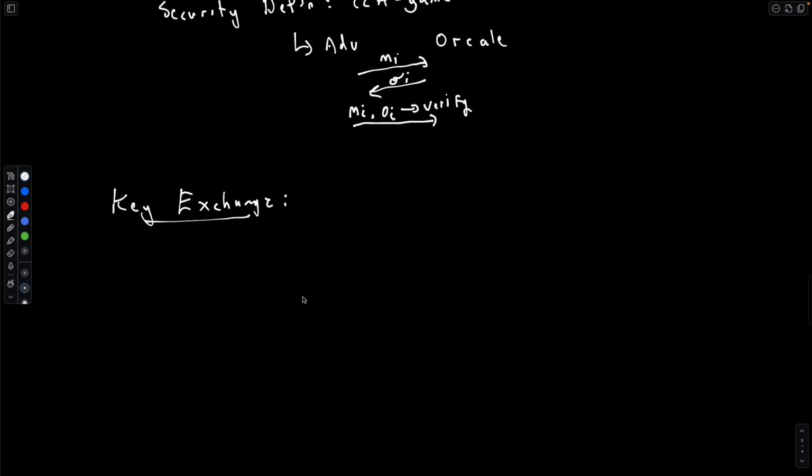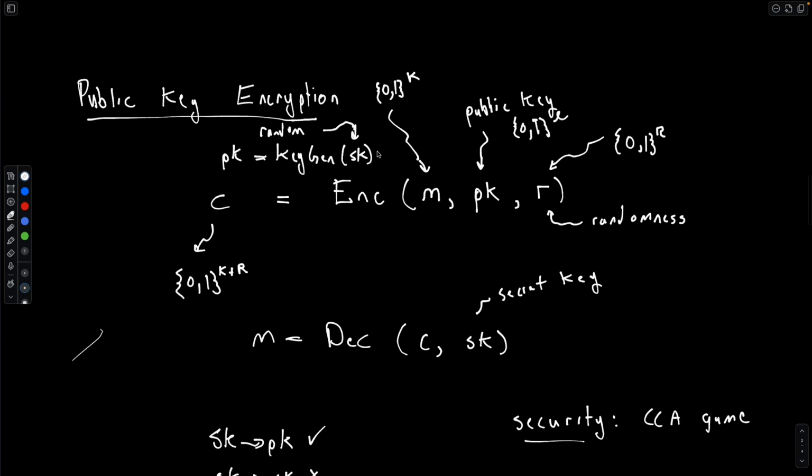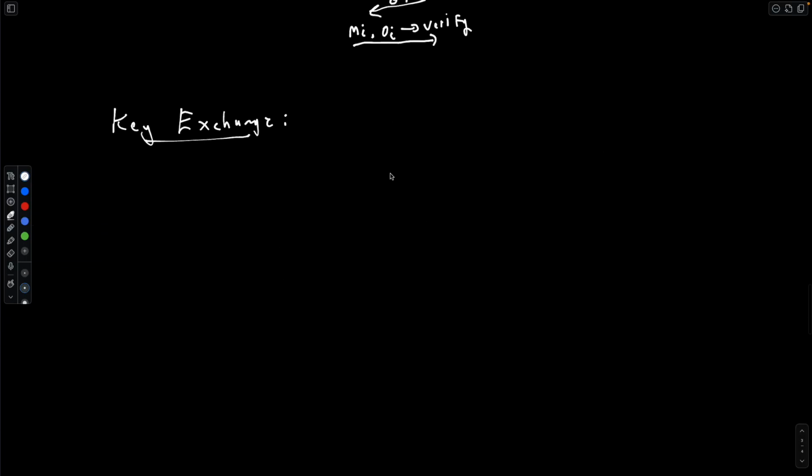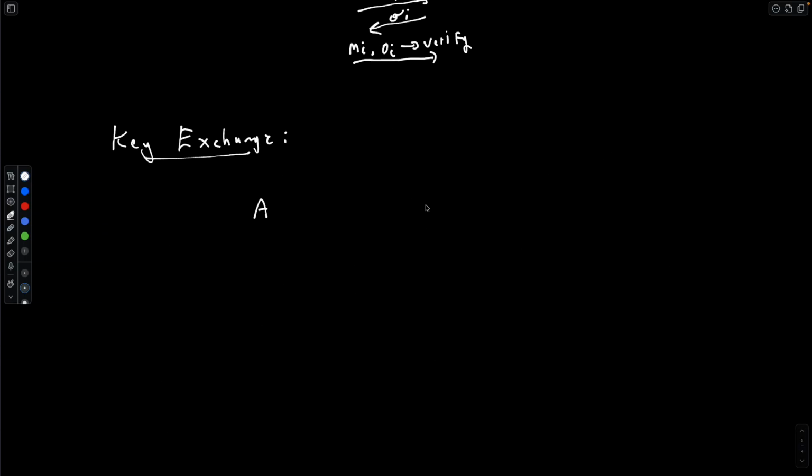Okay, so key exchange is a sort of alternative to the protocol where you have two people like Alice and Bob, and they want to decide on a key, and there's an adversary in the middle.